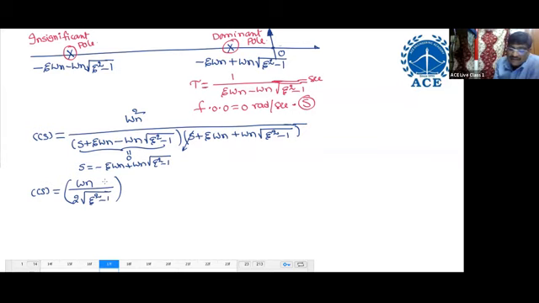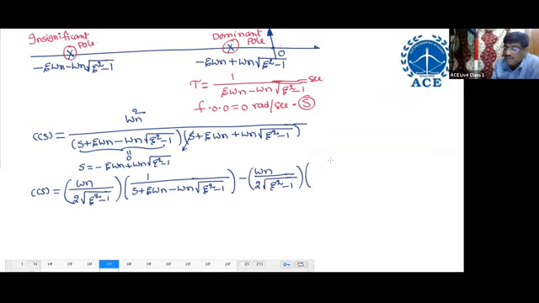One omega n cancelled. Then you will get omega n by 2 root of zeta square minus 1, into 1 by (s plus zeta omega n minus omega n root of zeta square minus 1), minus omega n by 2 root of zeta square minus 1, into 1 by (s plus zeta omega n plus omega n root of zeta square minus 1). You will get the opposite sign here.